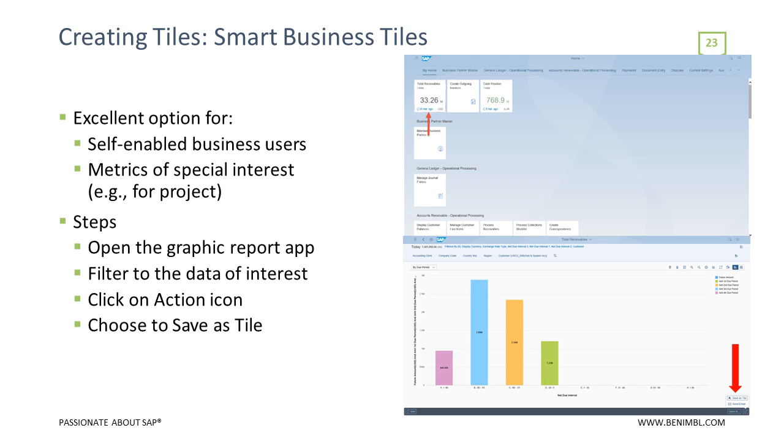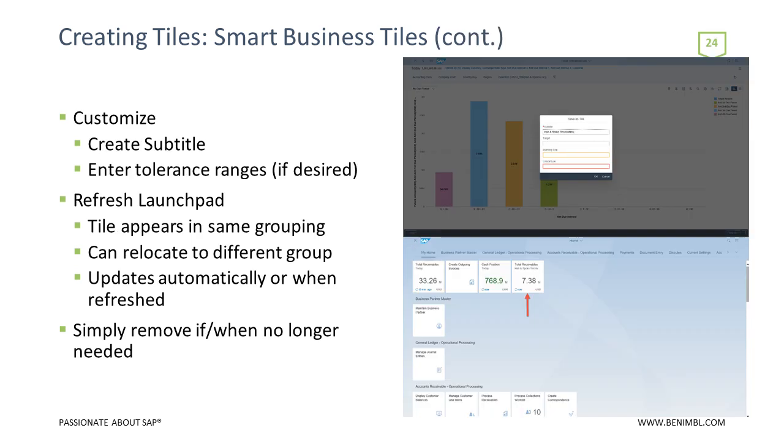There's a really cool feature in here: once you get to what's valuable for you as a user, down here within the screen, you could save each of these as a tile, or basically as their own little app. You save this as a tile or as your own app, and then you name it. You could do some simple customization of it for your own use. Say you specify a tolerance: if it hits this dollar amount or this threshold, give me a red or a yellow or whatever it may be.